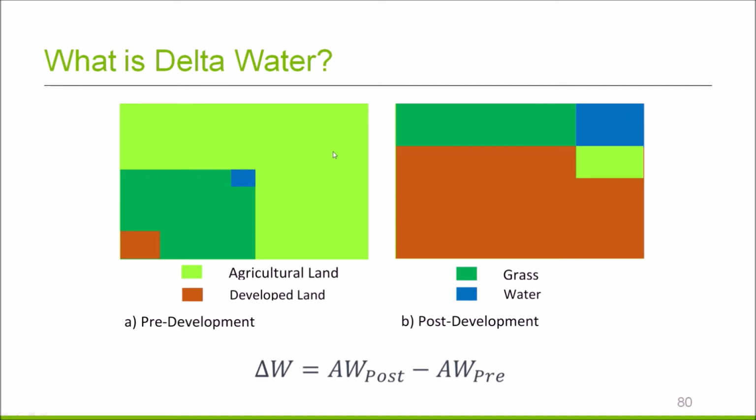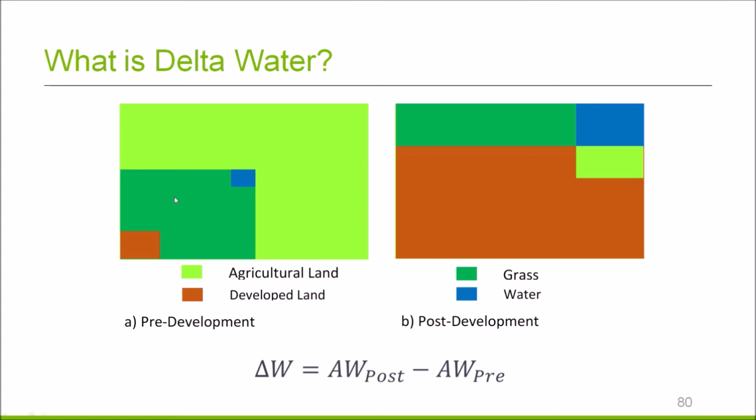However, if precipitation falls on the left side, what happens? Most of that precipitation is lost to the atmosphere because of evapotranspiration, some of it goes deeper into groundwater, and a very small portion of that precipitation is converted into surface runoff.